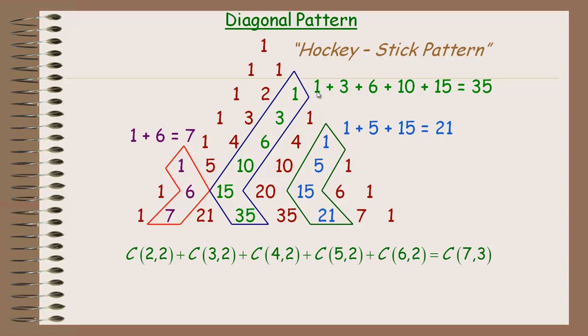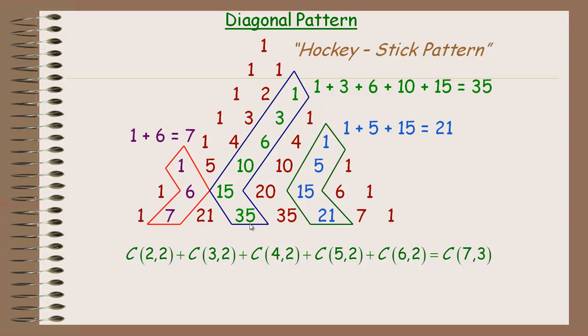The green one here, the 1, 3, 6, 10, and 15, the 1 is actually, see, it's the n equals 2 row, so that would actually be 2 choose 2. This number here is in the n equals 3 row. Remember, you count 0, 1, 2, so that would be 3 choose 2. This would be 4 choose 2, 5 choose 2, and 6 choose 2, because it's the n equals 6 row. It equals the number in the next row, so that's why it's 7 choose, and it's the next one after.